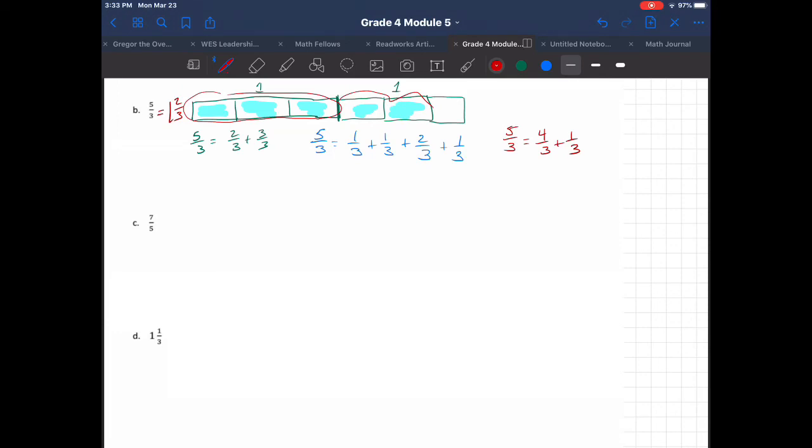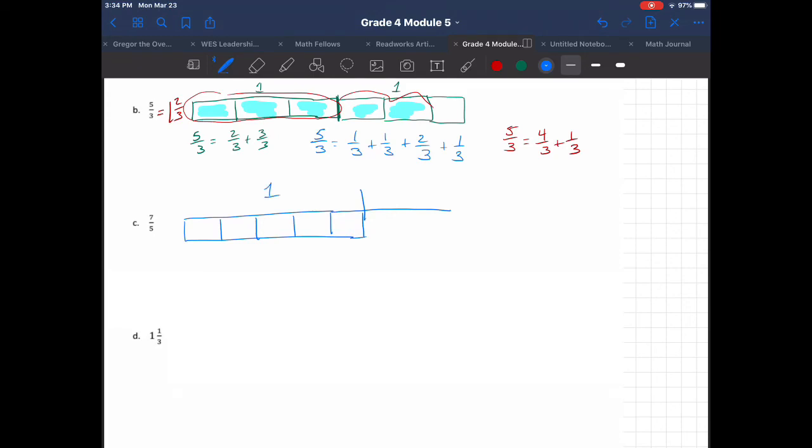All right, moving on to number 2, part C. We've got 7/5. So fifths is 1/5, 2/5, 3/5, 4/5. Gonna need some more room. 5/5.